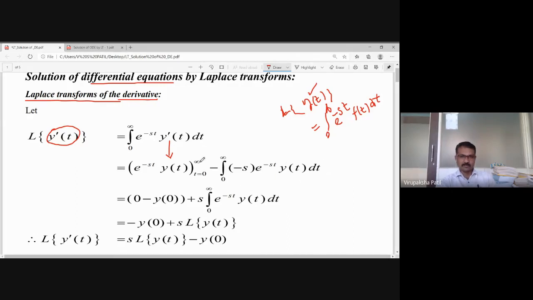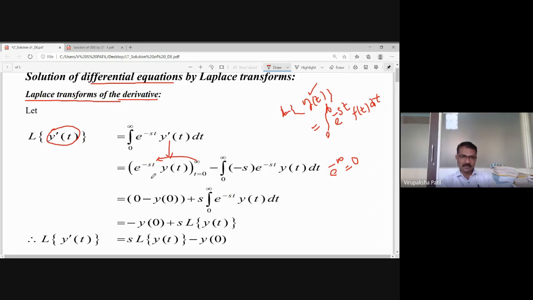Okay. Then next, wherever t is there we will put the limit. We will put infinity, e to the power minus infinity. What is the value of e to the power minus infinity? Its value you have used again and again, it becomes 0.